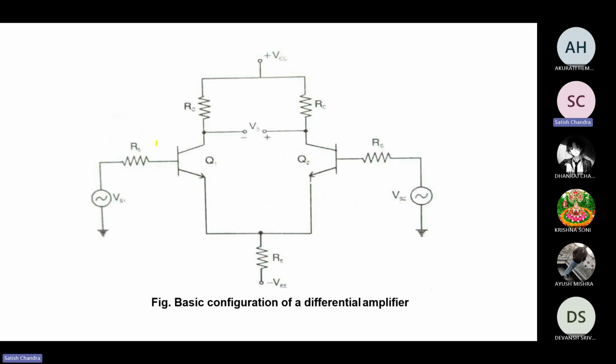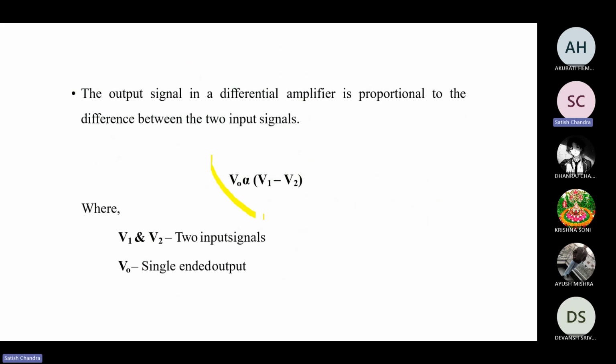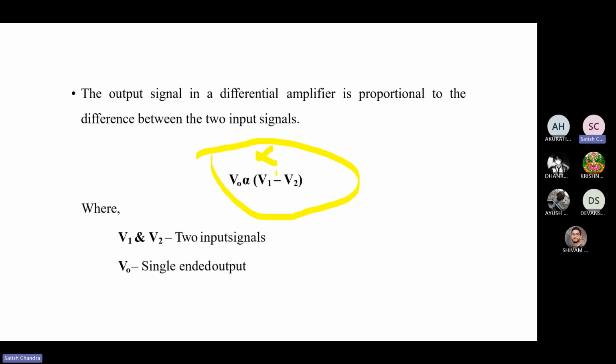The output V0 is directly proportional to the difference of the two inputs. That is the two input signals, and this is the single ended output.